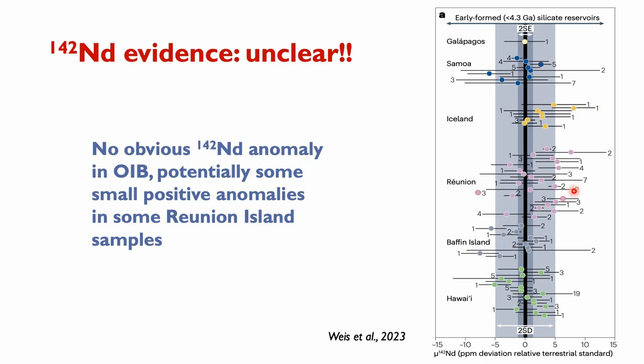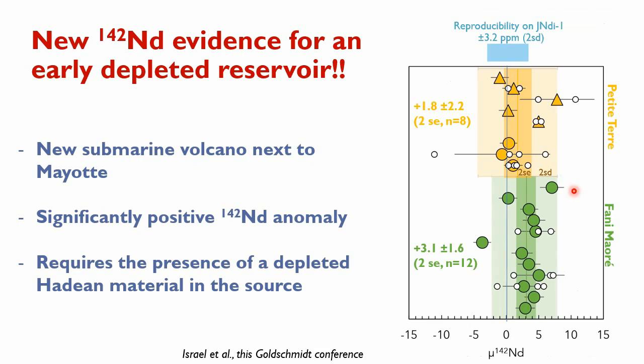So we've been working on that issue with Claudine Israel, and I don't know, maybe some of you saw a talk on Monday, but now I think we can say we have measured a significantly positive anomaly in one ocean volcano. These measurements were done on a new submarine volcano that's located in the Comoros archipelago, next to Mayotte. And here are the data.